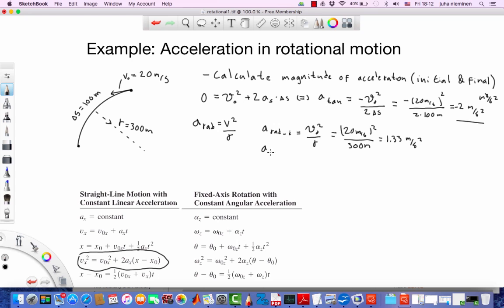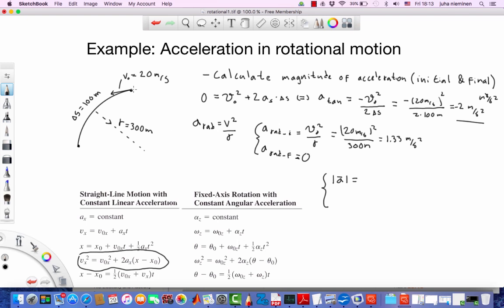And the radial acceleration at the final moment when we have 0 velocity, well, that's going to be just 0, because v at that point will be 0. And then the total acceleration, so the magnitude of the total acceleration vector is by Pythagorean theorem.